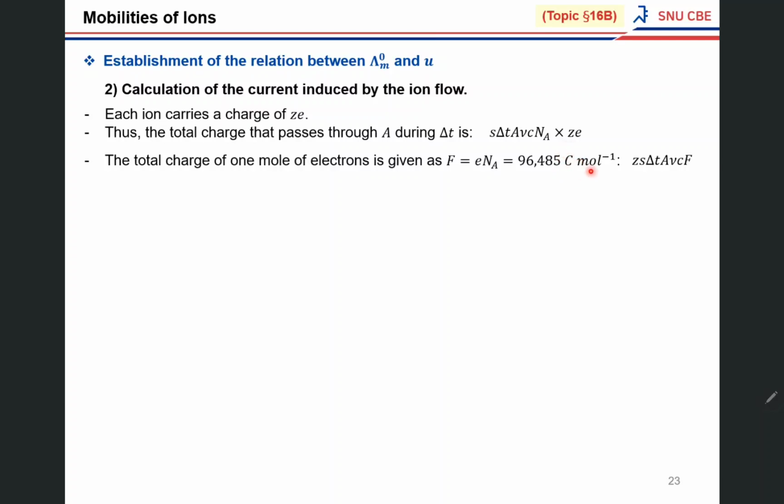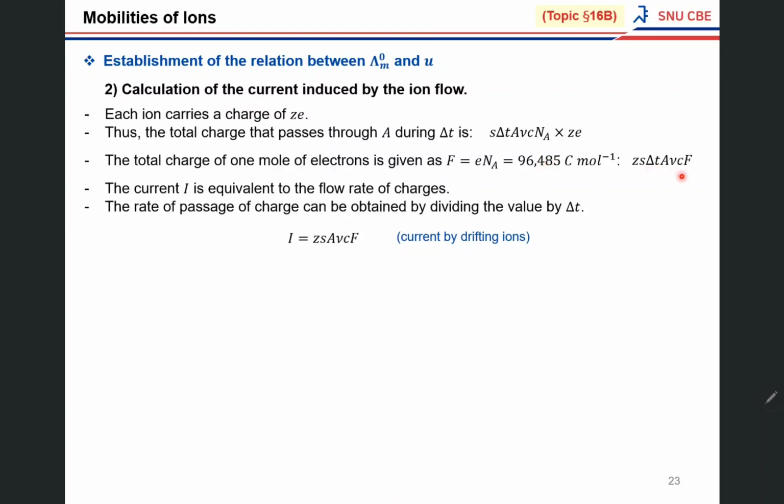So you can substitute the Avogadro number and e with the F, large F, having this value of the constant. Then you divide this charge value by delta t, so that you have the electric current. So the electric current is z s large A nu C F. This is the current by drifting ions.